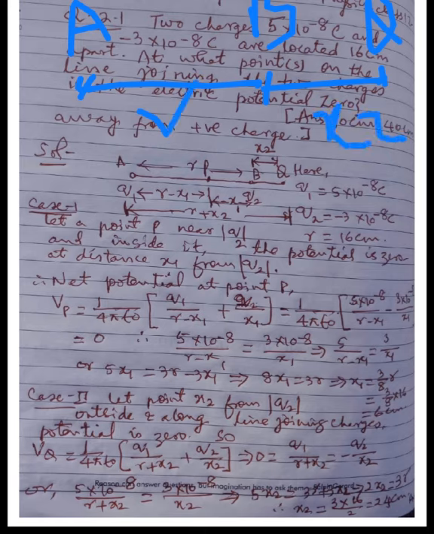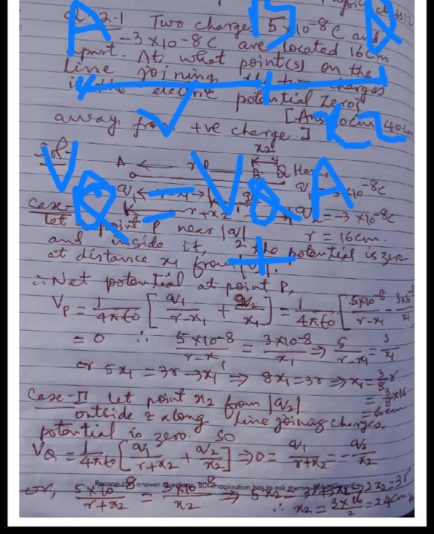Now you have to calculate the net potential at Q. So potential at Q, VQ, is equal to VQA plus VQB, just like solving the electric field or electric force at any point.